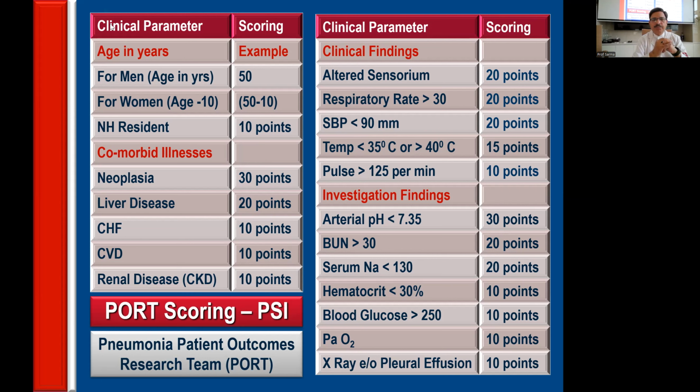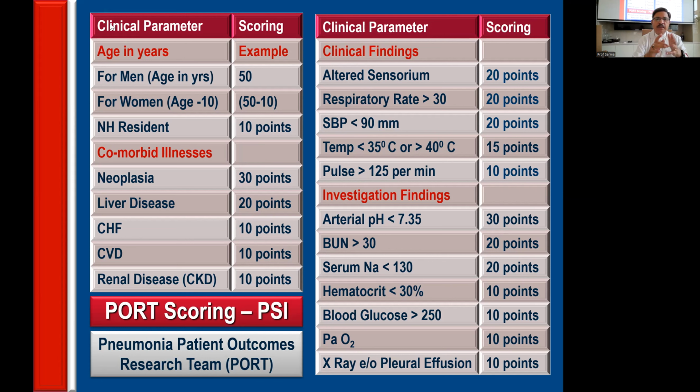So this is how I have to use an extensive scoring based on the age and then the nursing home resident or not, comorbidities like neoplasia, liver disease, heart failure, cerebrovascular disease, and kidney disease. Clinical findings, altered sensorium, tachypnea, fall of blood pressure, hyperpyrexia, tachycardia have to be given due weight.